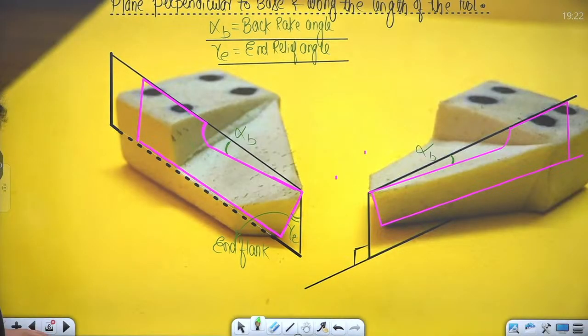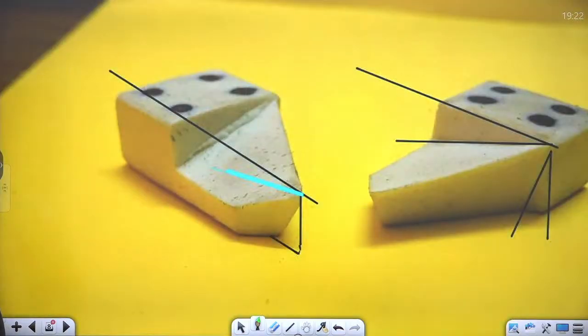Now let's move to another plane, my dear.